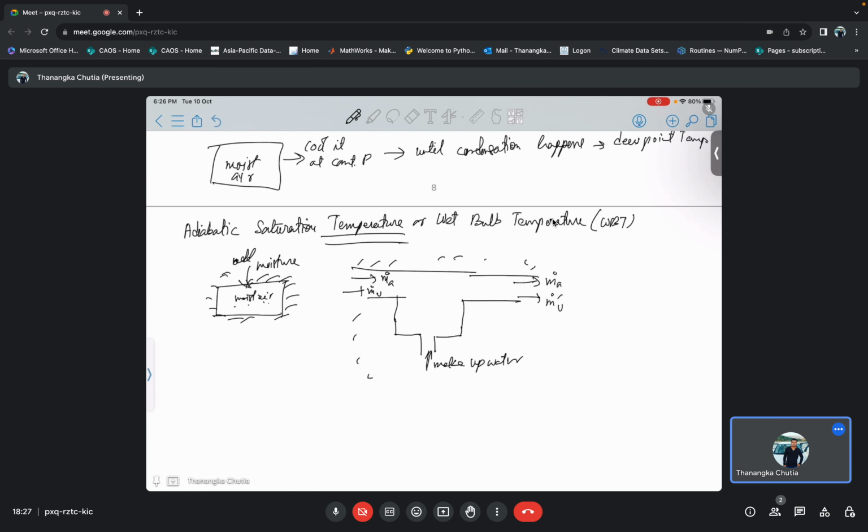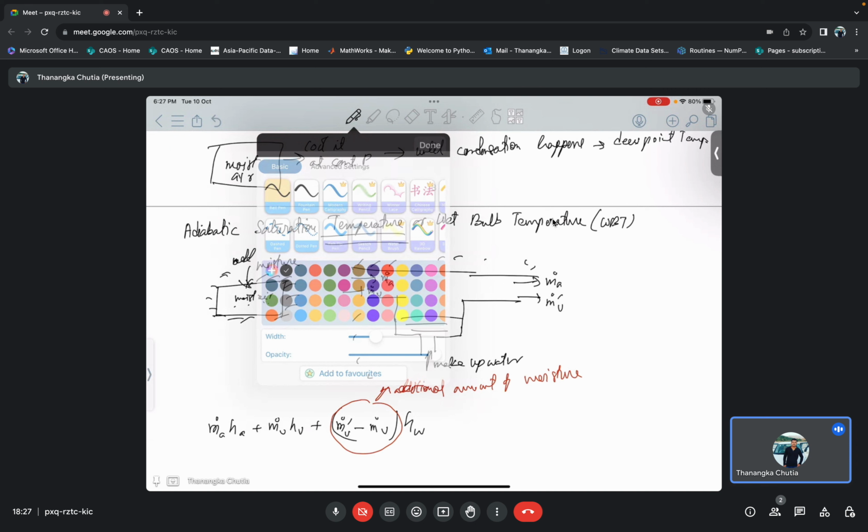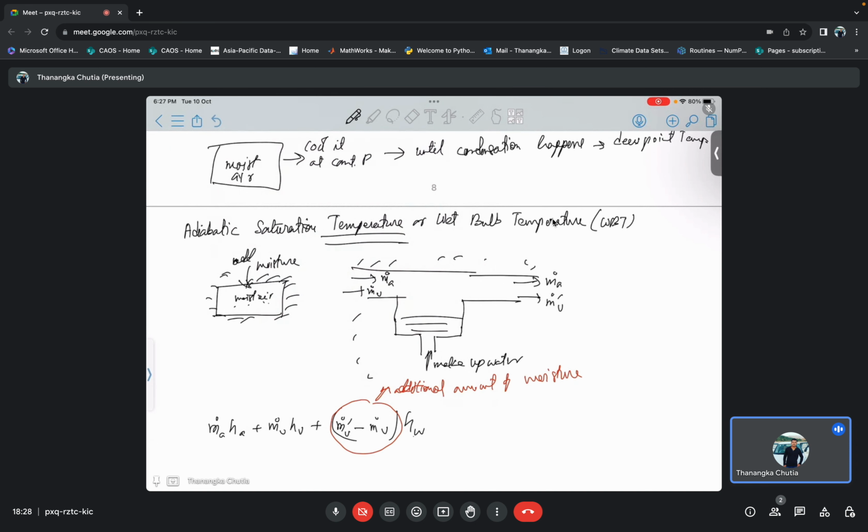Now from the energy balance we can write m_a h_a plus m_v h_v plus (m_v prime minus m_v) h_w. This last term is because the additional amount of moisture we got is supplied by the makeup water, so h_w is the enthalpy of the water.